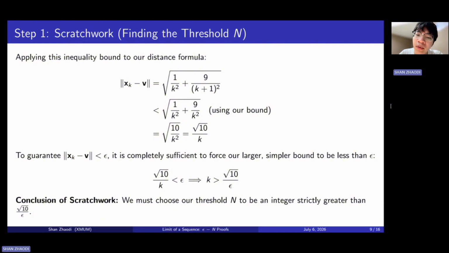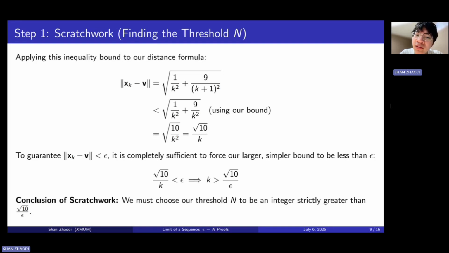Then by applying this inequality, we overestimate our distance. We replace (k+1)^2 with k^2, which simplifies our bound to the square root of 10 over k.